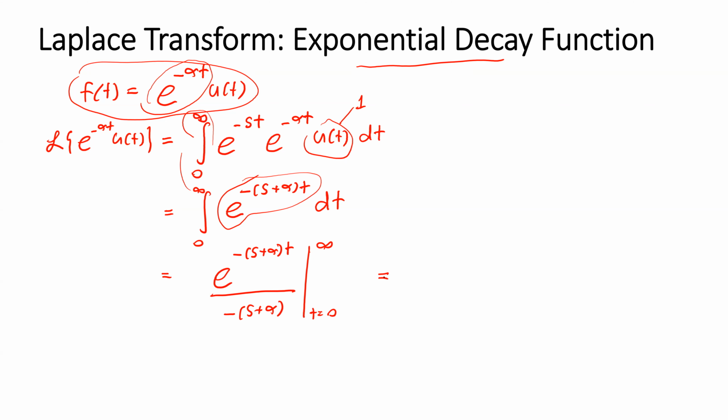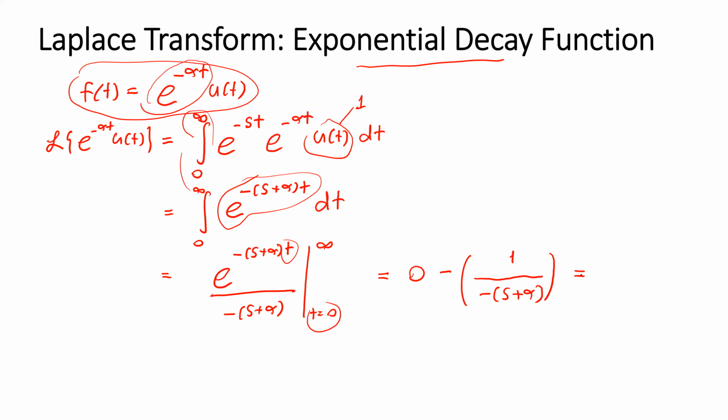When time equals infinity, this term is going to be 1 per e power infinity, which is 0. And the second term, when time t equals 0, e power minus 0, e power 0, is equal to 1.